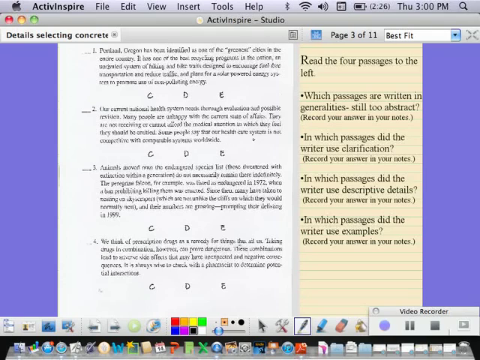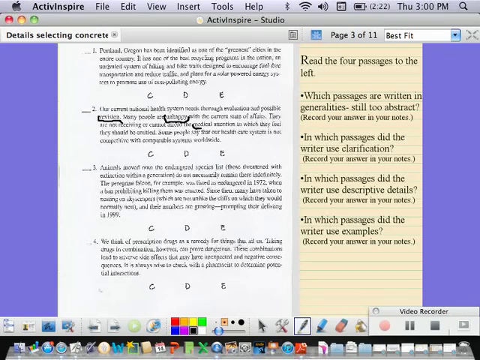Let's look at number 2. Our current national health system needs thorough evaluation and possible revision. Well, I'm not sure what possible revision means. That's a little vague to me. Many people are unhappy. Ooh, words like unhappy and happy and good and bad and fun are so vague. They don't tell you anything. With the current state of affairs, they are not receiving or cannot afford medical attention to which they feel they should be entitled.